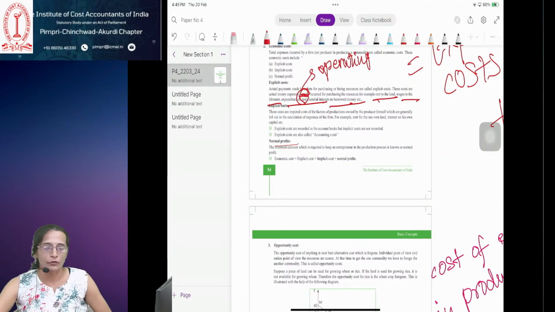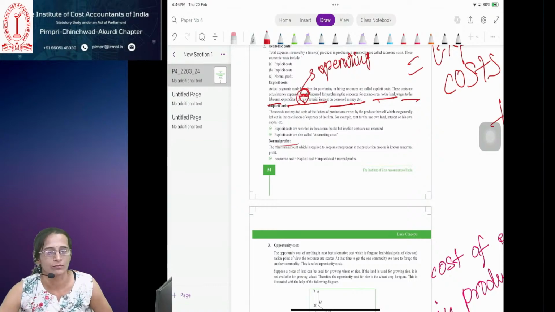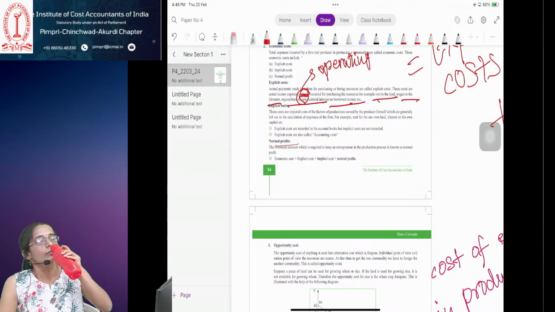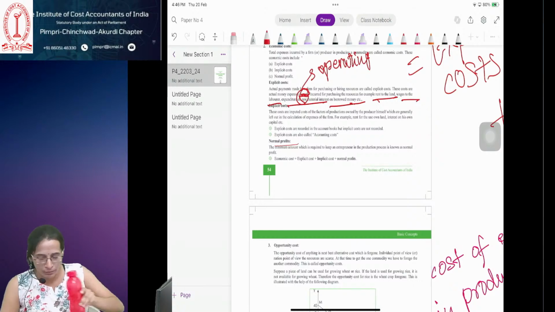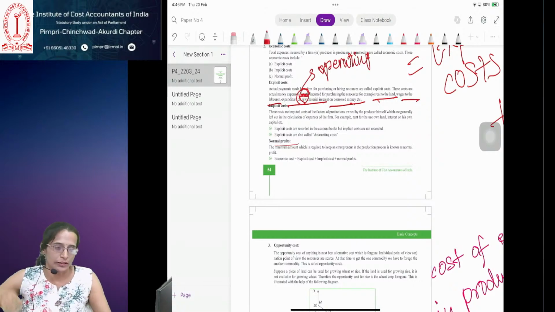Minimum amount of profit that the business should get. That is a normal profit. Piyush, you are clear on implicit, explicit? We will see normal profit now.